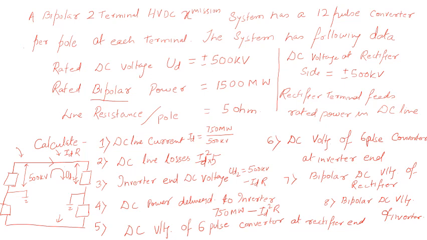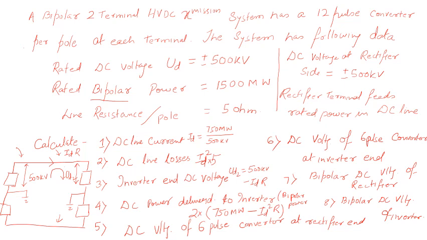It is asking for power delivered to the inverter side, so if you multiply it by 2, that is your total bipolar power transmitted from the rectifier side to the inverter side.